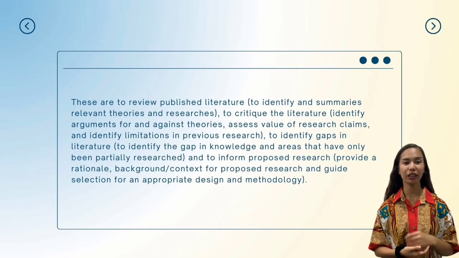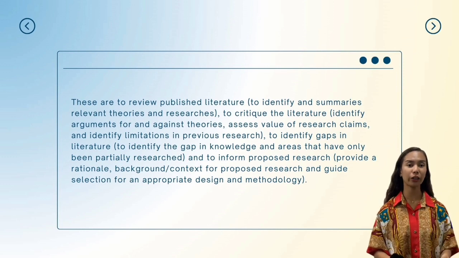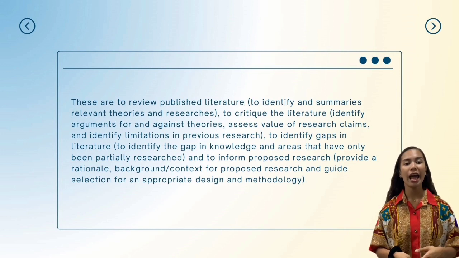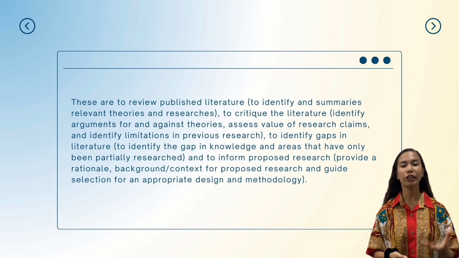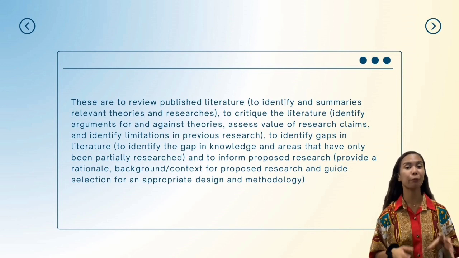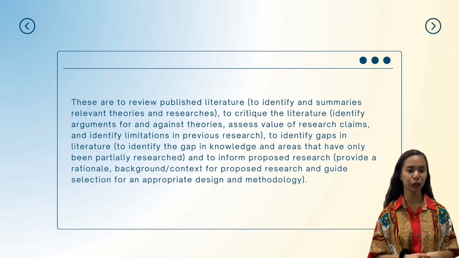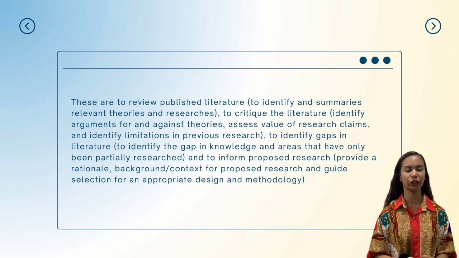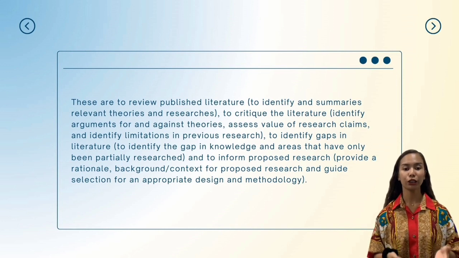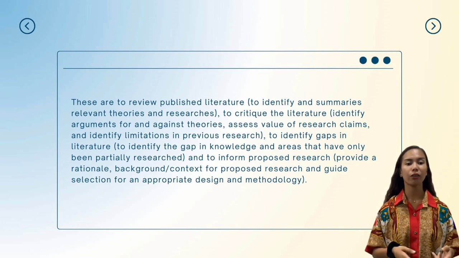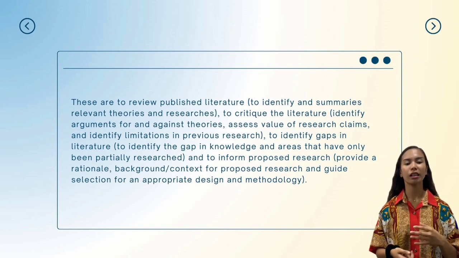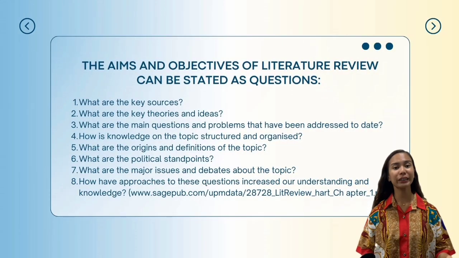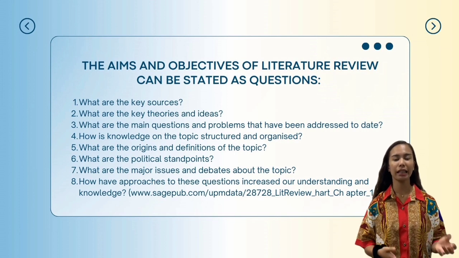These are to review published literature, to identify and summarize relevant theories and researches; to critique the literature, identify arguments for and against theories, assess value of research claims, and identify limitations in previous research; to identify gaps of literature, to identify the gap in knowledge in areas that have only been partially researched; and to inform proposed research, provide a rationale, background or context for proposed research, and guide selection for an appropriate design and methodology.